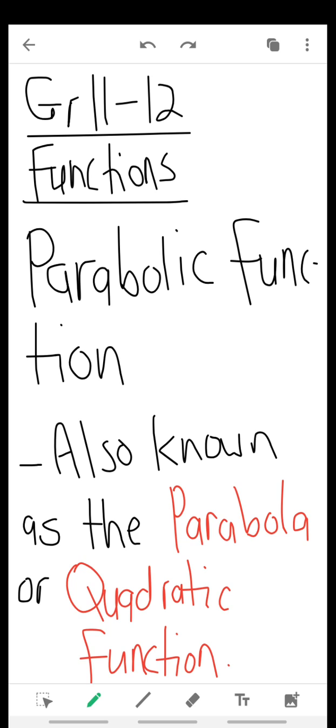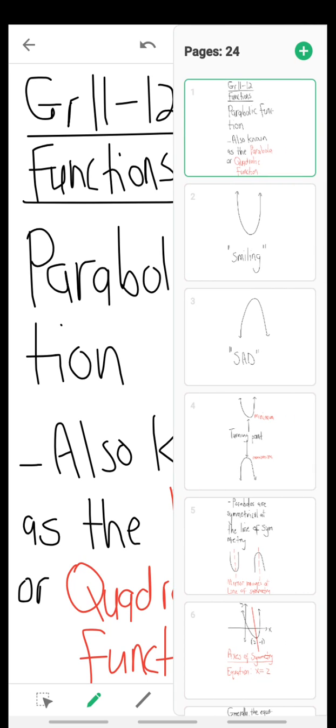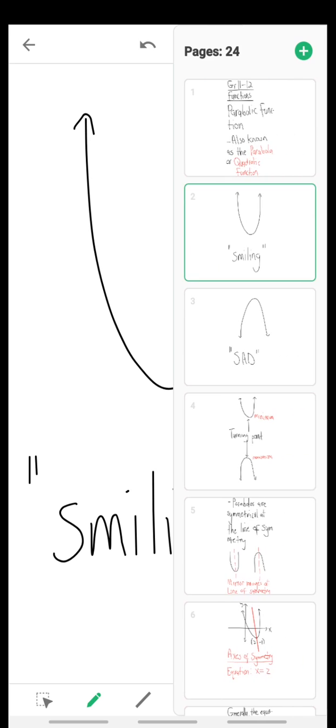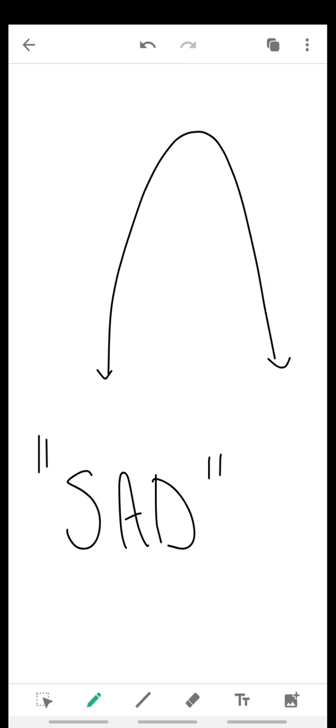So also with your parabola, it's very important to note that your parabola may have this shape, which is a smiling face or a smile. And also your parabola may have this shape, which is a sad face.